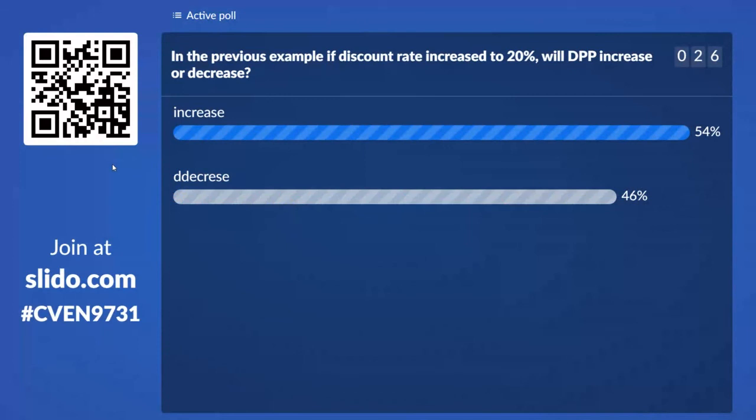And because of that, your discounted payback period is going to increase. Yep, that's right. Okay. If it's still not clear for you, the thing that we discussed, let me know. I'll explain it.